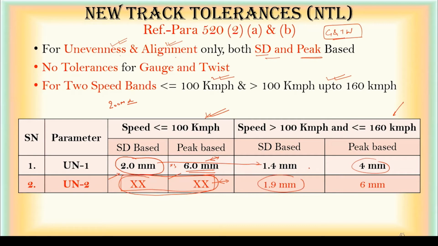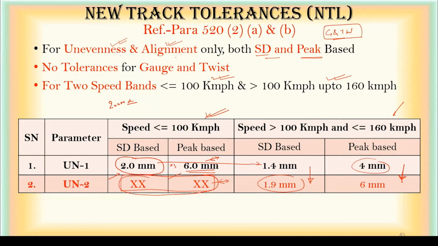So as chord length increases, the tolerance limit should increase or decrease. Chord length बढ़ने से हमारा ट्रैक पैरामीटर का वैल्यू बढ़ेगा या घटेगा? If we are increasing the chord length, we will get higher value of track parameter or lesser value of track parameter.